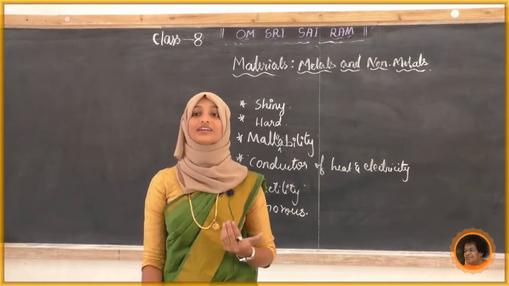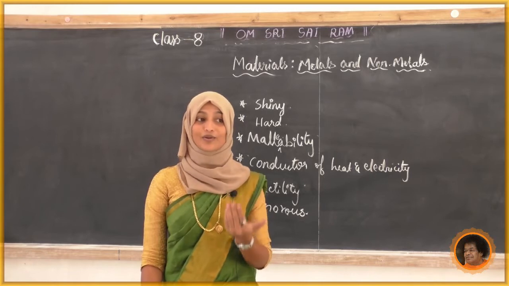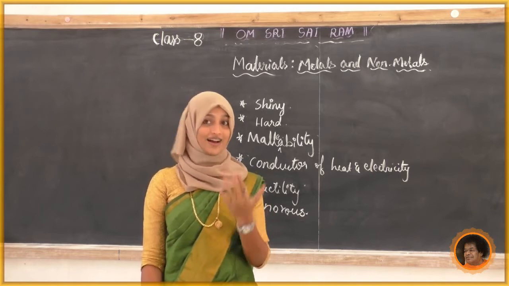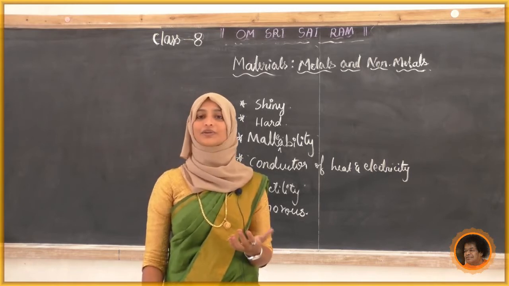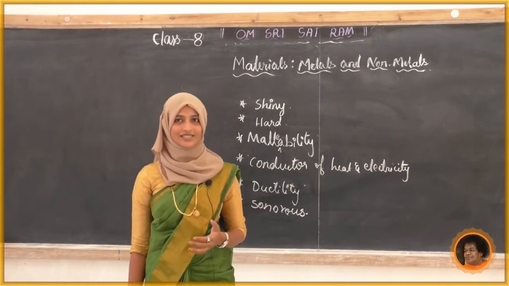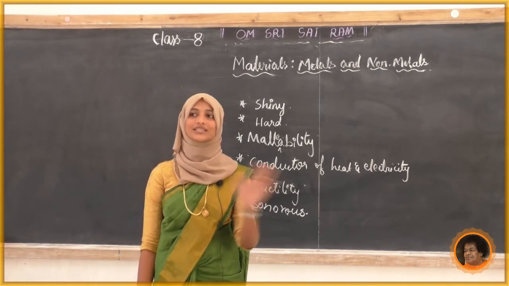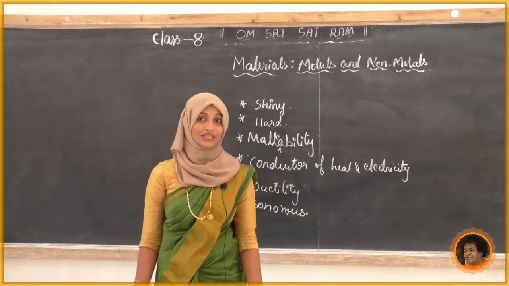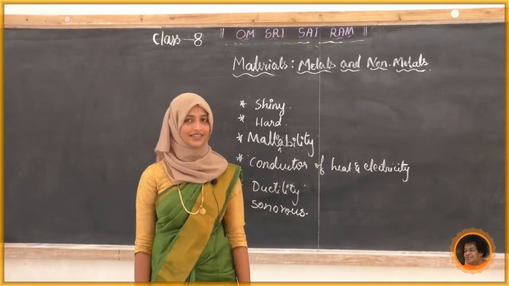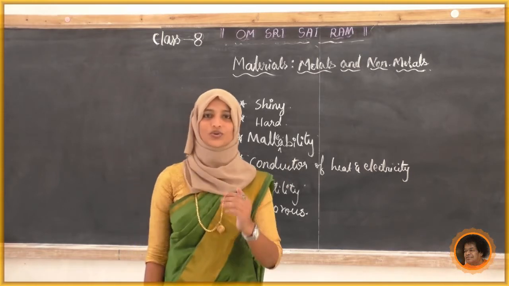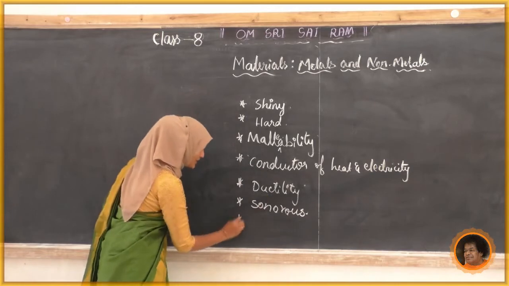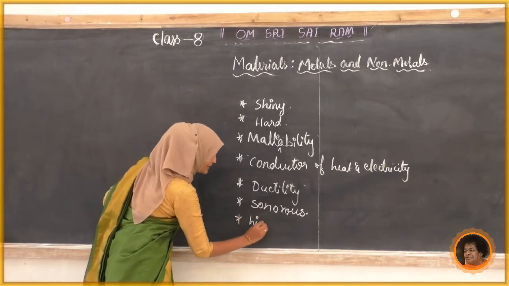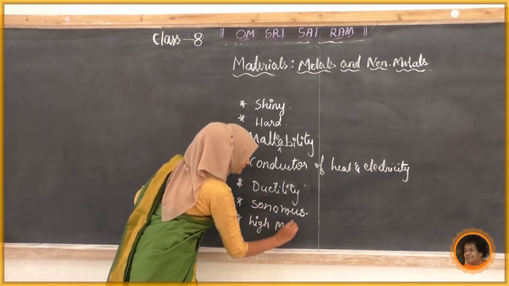It is very difficult to melt. But the goldsmith or else blacksmith, they give high temperature to these metals, then only they may melt, otherwise they won't melt. So we know that it is a conductor of heat and electricity. Yes, so one more point what we have got now? High melting point.